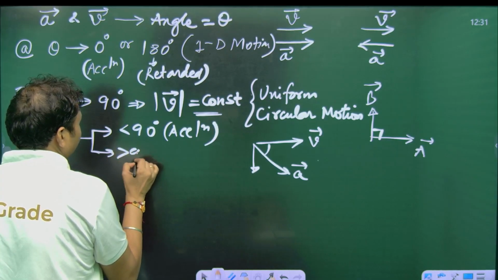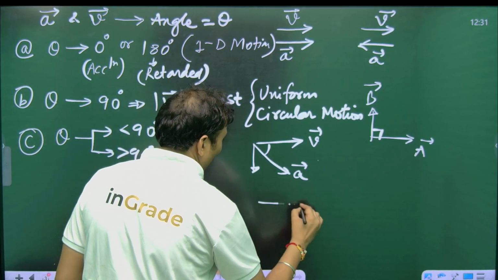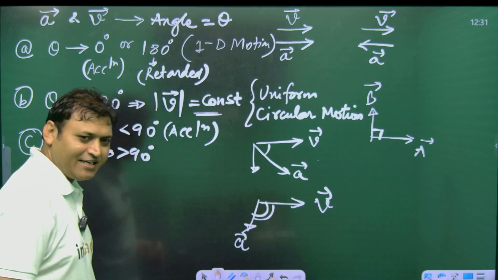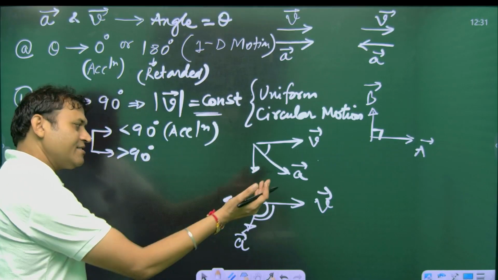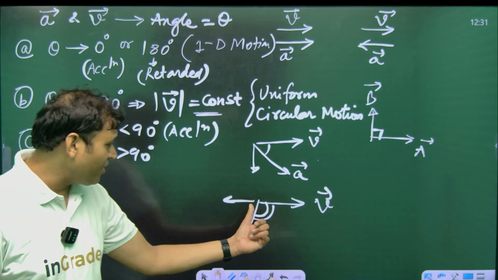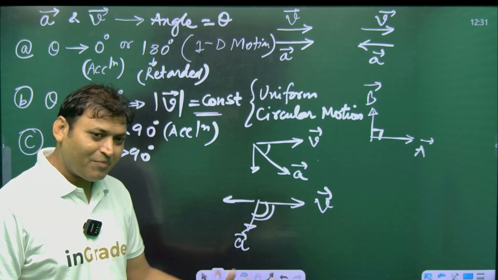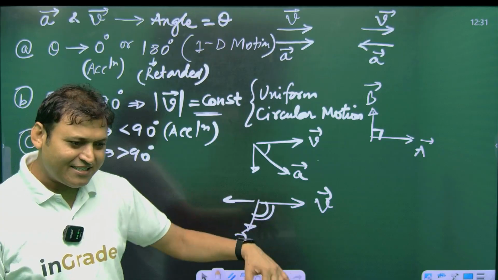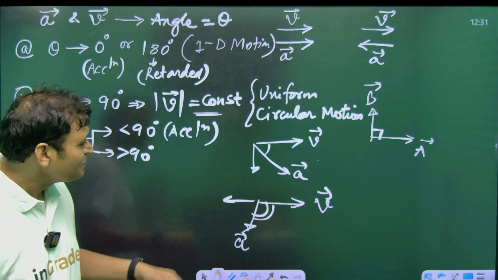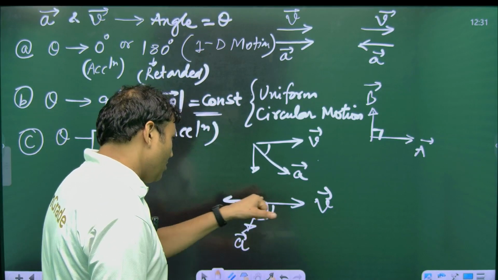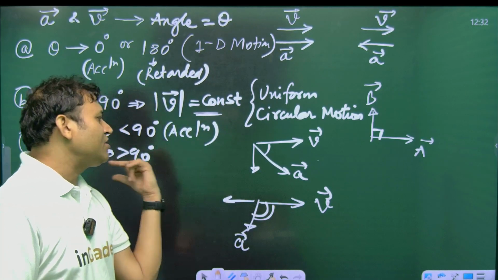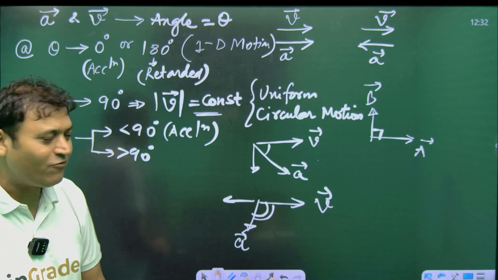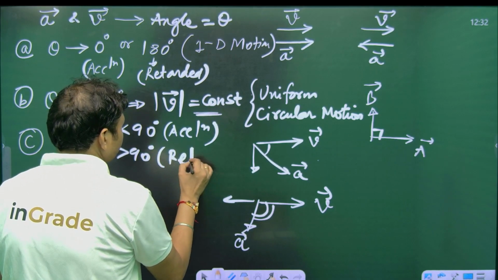And if it is greater than 90 degree, when velocity and acceleration are making angle which is more than 90 degree, then one component of acceleration is opposite to the velocity, another component of acceleration is perpendicular to the velocity. The perpendicular component will change the direction of velocity, and the component of acceleration opposite to the direction of velocity will decrease the magnitude of velocity, which means it will be retarded motion.